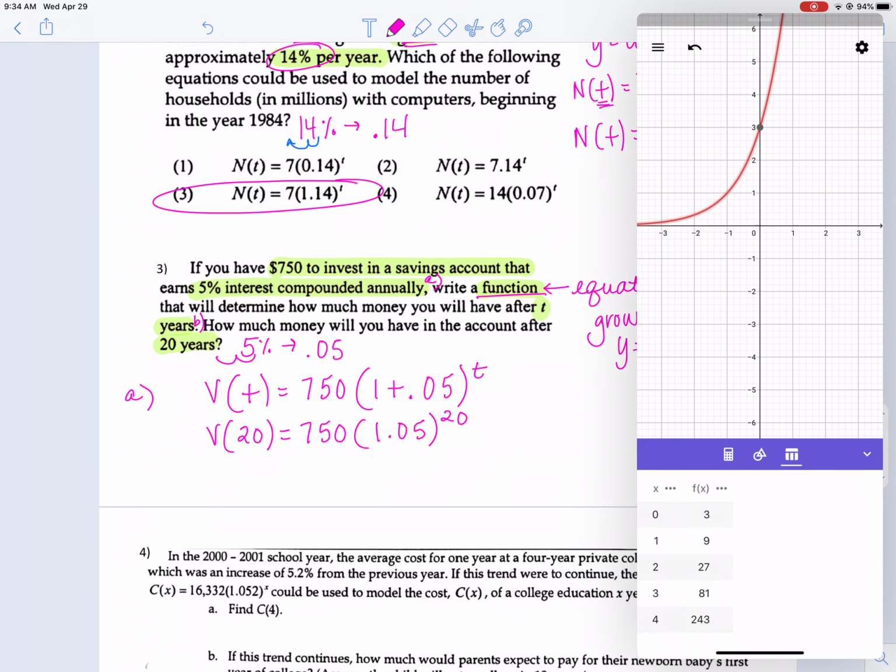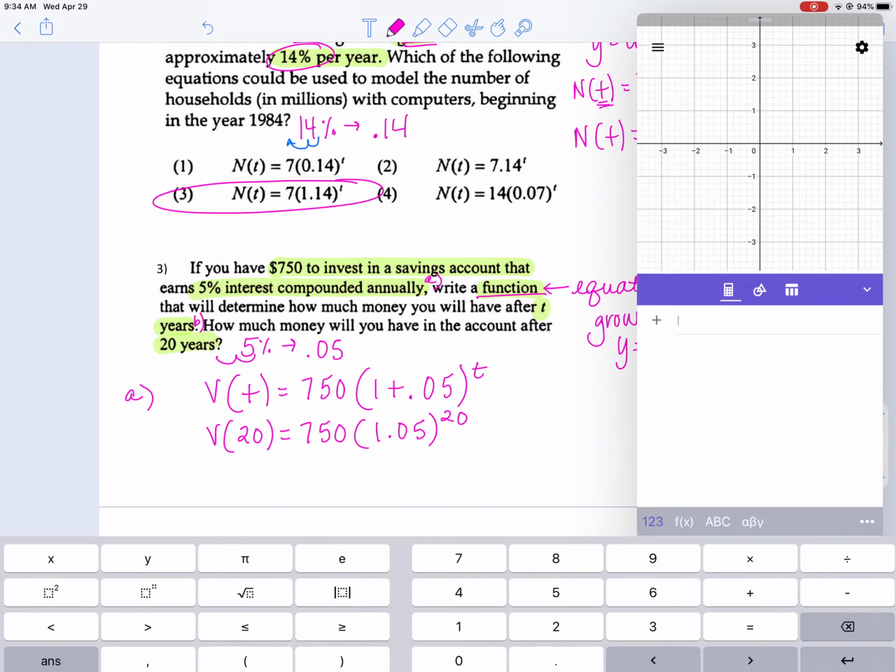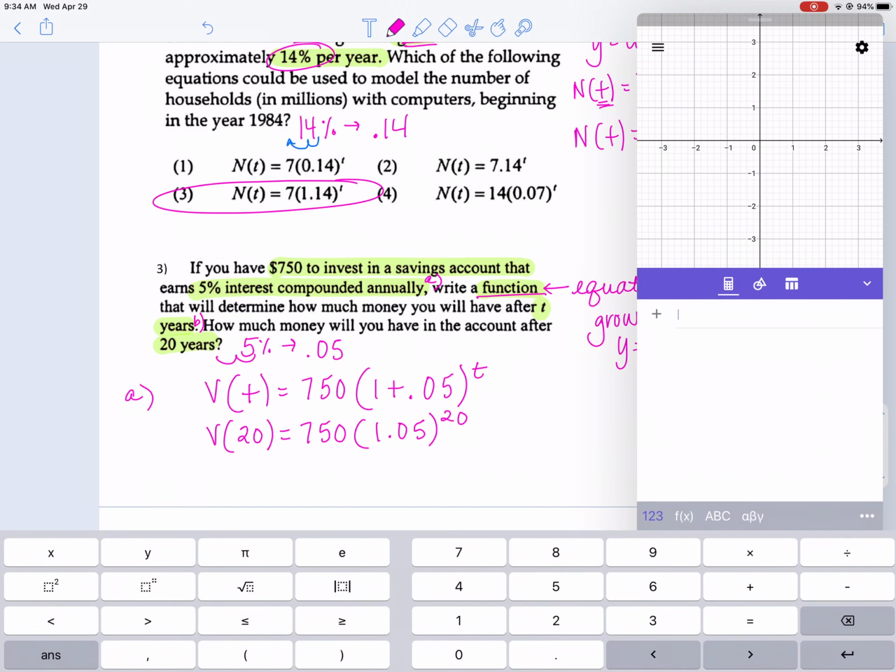So I'm going to go into GeoGebra and clear this out. And I'm going to type no equation. I'm just going to type the 750 times, you could do 1 plus 0.05 or 1.05, and I'm going to raise that to the 20th power. Hit enter. That's your number. Now, they didn't tell you exactly what to round to. So if it's money, you're going to round to the nearest cent.